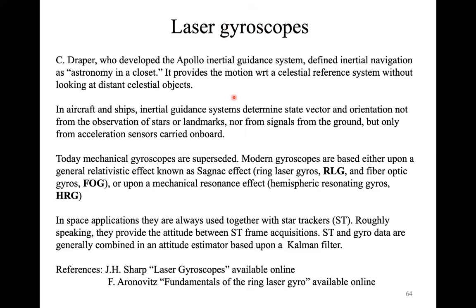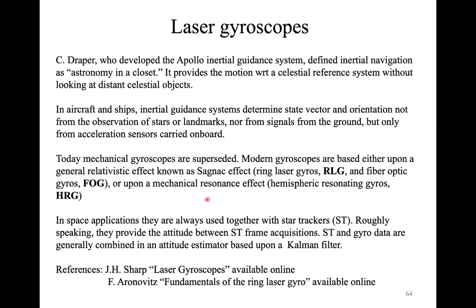The 2 types of gyroscopes that we are going to see today are the ring laser gyroscopes and the fiber optic gyroscopes. The 2 are a little bit different, although they are both based on the Sagnac effect. I'm going to introduce this Sagnac effect a little bit later, but it enables the use of interferometry to determine the angular velocity of the spacecraft.